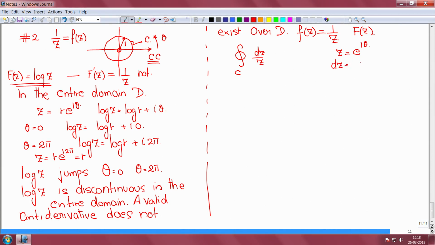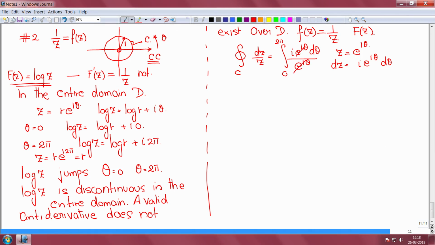Then dz is equal to i e to the power i theta d theta. Then this ends up as the integral over theta going from 0 to 2 pi of i e to the power i theta d theta divided by z, which is e to the power i theta.